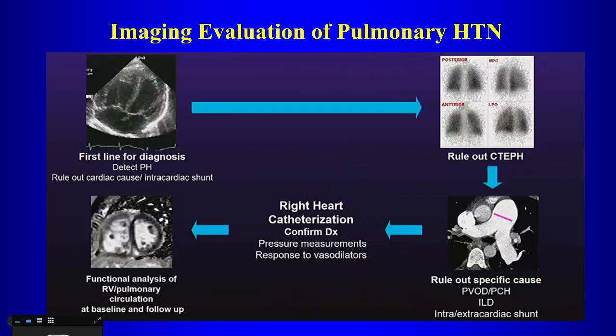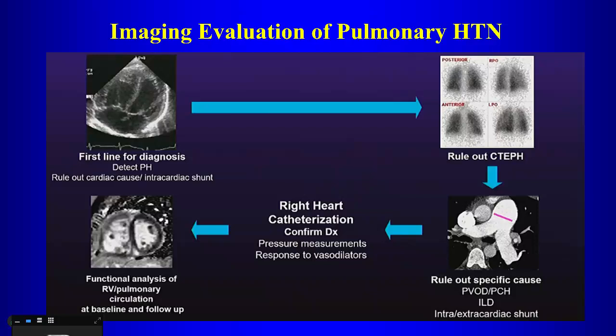The peak velocity of the tricuspid regurg gives you an estimate of the pressure gradient between the right atrium and the right ventricle. The pressures in the right atrium are supposed to be quite low, very low. So it's almost completely a measure of the pressure in the right ventricle. So that peak velocity of the tricuspid regurgitation allows them to estimate the pressures in the right ventricle.